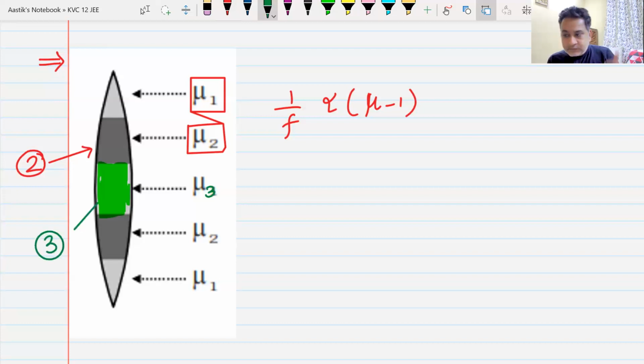So you count how many different refractive indices there are, and then give your answer accordingly. Will you remember this?